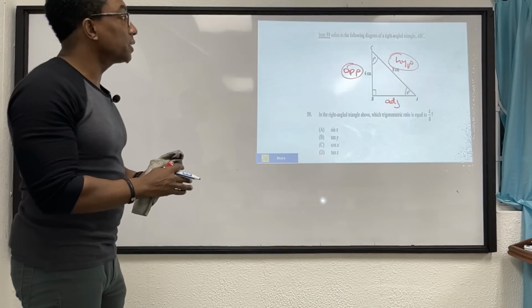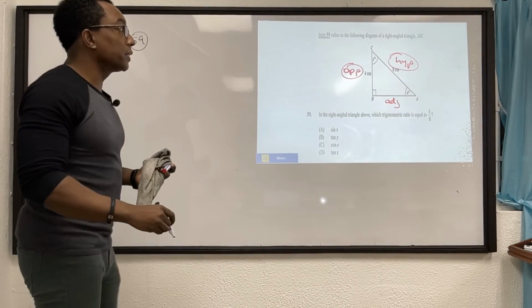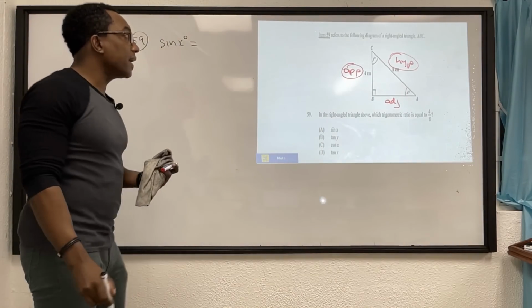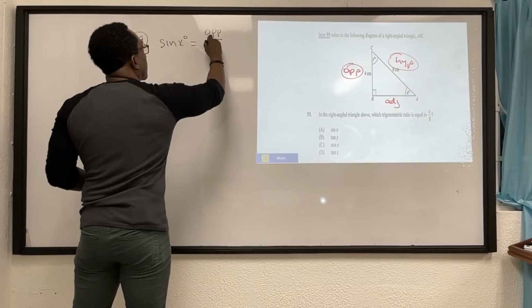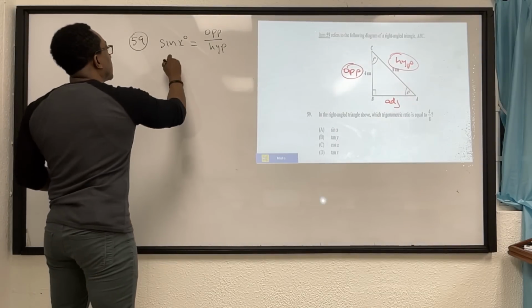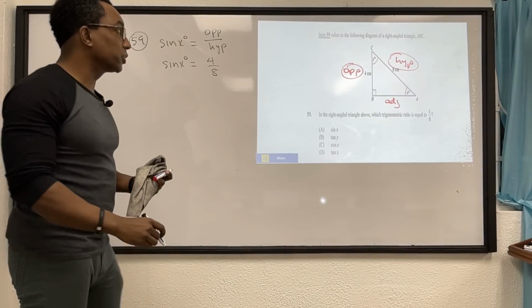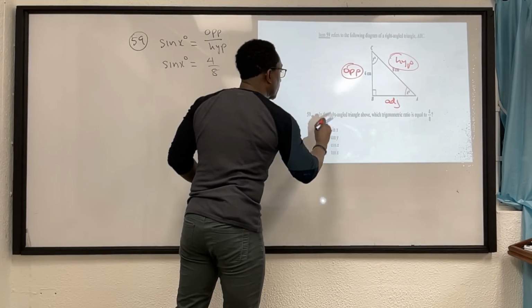The trig function that links opposite and hypotenuse is sine of the angle x. So sine x is equal to side opposite over the hypotenuse, and therefore sine x will give us 4 over 8. Sine x will allow that to happen, whose answer is B.